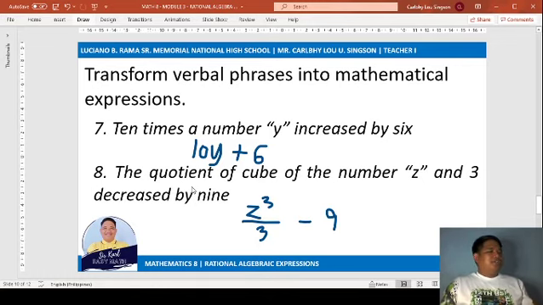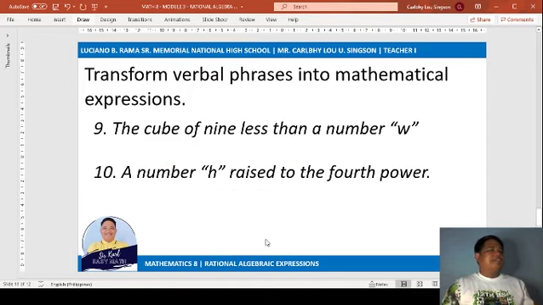Right, so the quotient of the cube of the number z and 3, decreased by 9. You get it? So that is just the same as z cube over 3 minus 9.